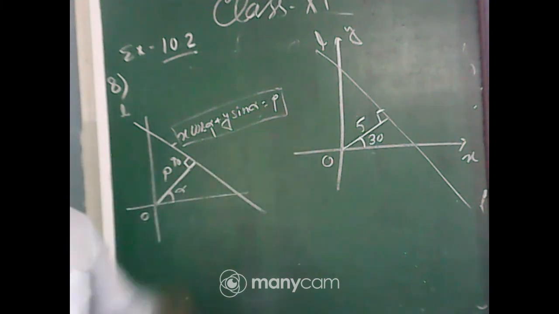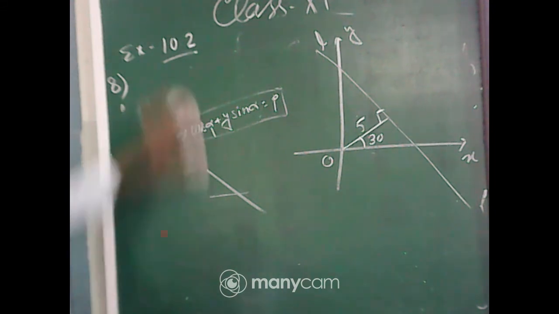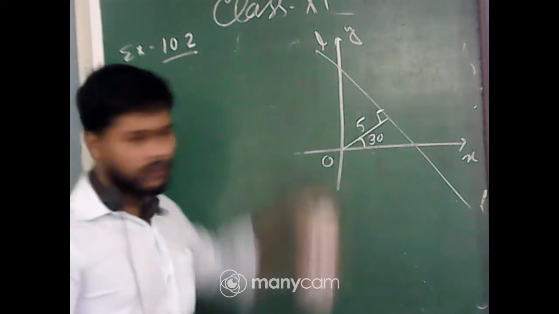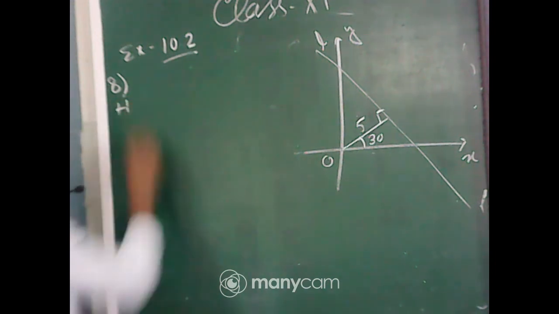So look, in these questions the length of the normal is given, the length of the perpendicular from the origin, and also the angle made by the normal with the positive direction of the x-axis is given. We have to find the equation. So what data are given here?